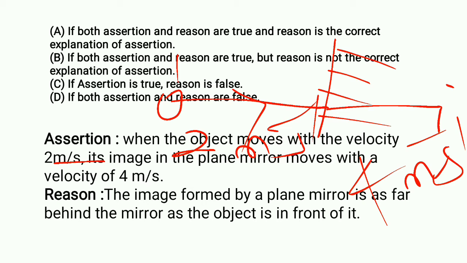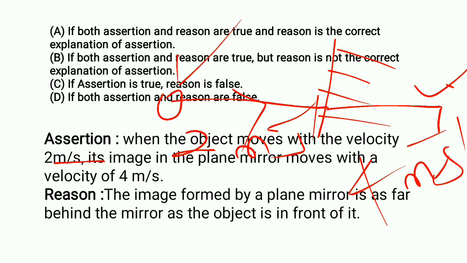And the reason: the image formed by the plane mirror is as far behind the mirror as the object is in front of it. Okay, so the reason they have given is that the image formed by the plane mirror is as far behind the mirror. Yes, the image is behind the mirror as the object is in front of the mirror.